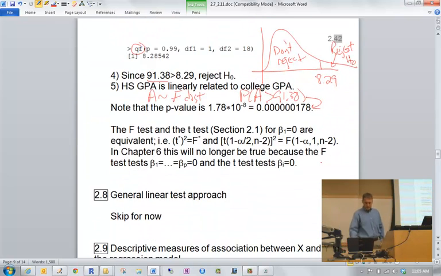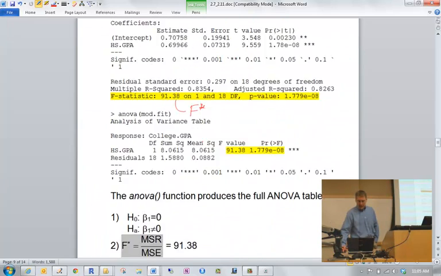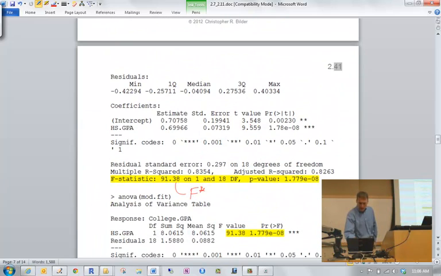Now, this F test that we just talked about is actually equivalent to a T-test that we talked about at the beginning of Chapter 2. If you remember, we focused on this value right here.